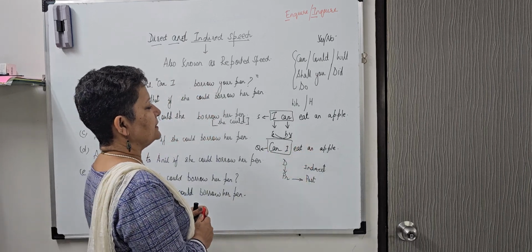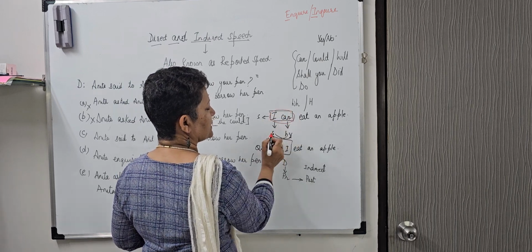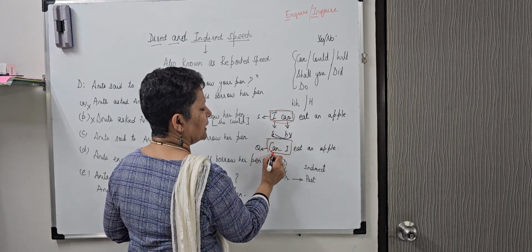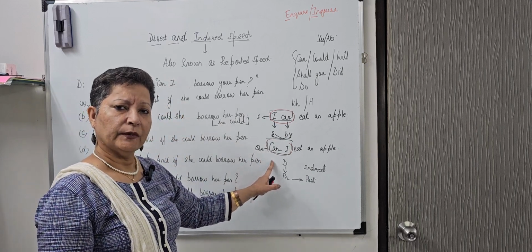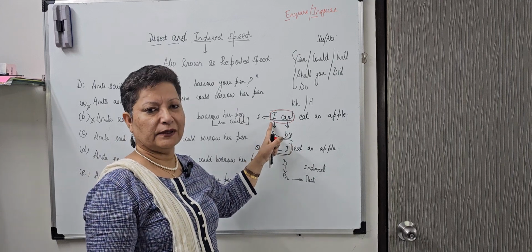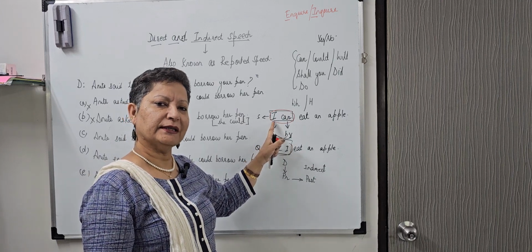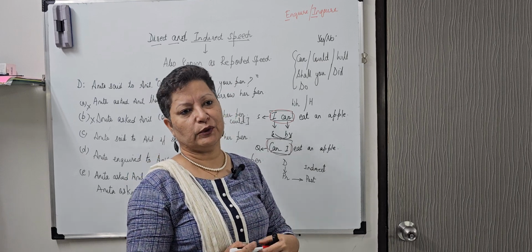All the rest is the same. The only difference is the placement of the subject and the helping verb. In the question, the helping verb has come in the beginning and the subject at the back. In the sentence, it always starts with the subject, so subject first and the helping verb at the back. This is something which we need to keep in mind when we are doing this.